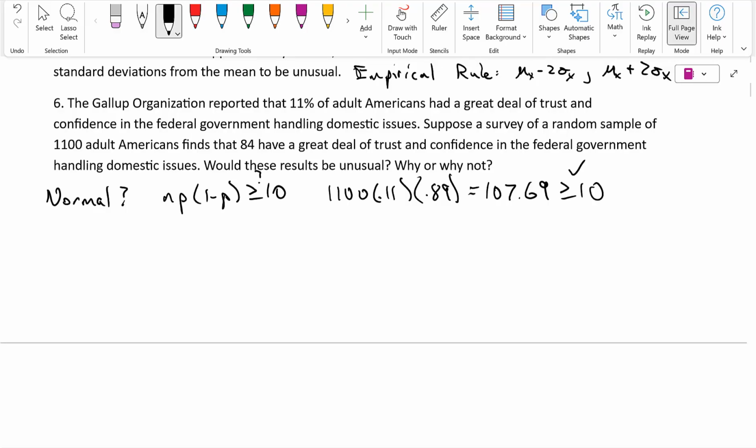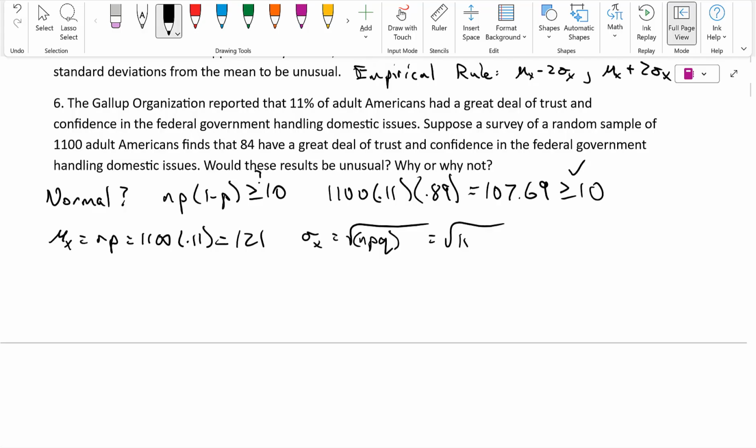To answer the question then, for unusual values, we need to compute the mean. Our mean is n times p, or 1100 times 0.11, which comes out to 121. And our standard deviation here, the square root of n times p times q, is just the square root of that 107.69 that we found with our check. And that comes out to about 10.4.